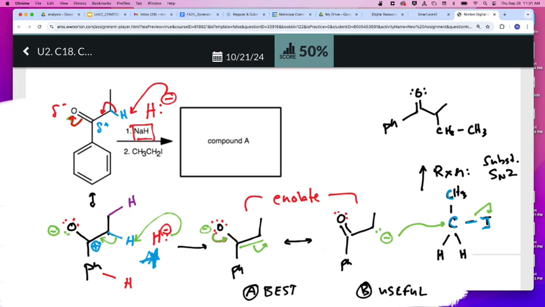The electrons going up. We would have our phenyl, we got our oxygen, there's our double bond. Oxygen being negative, we could have the electrons come back down. Those electrons swing out and attack our CH2, CH3 with the iodine and the electrons breaking out, giving us our final product.